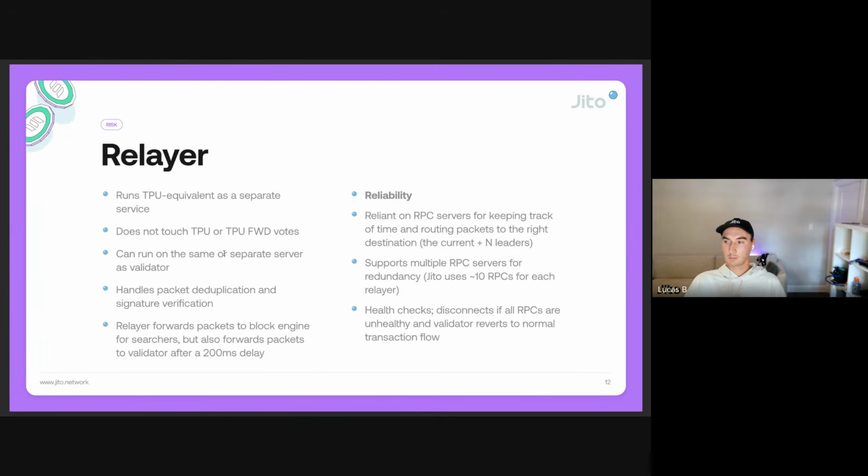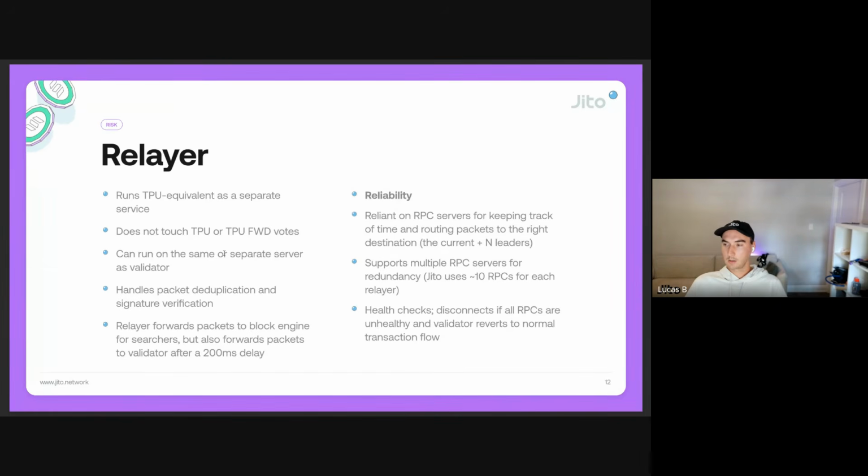It can support multiple RPC servers. Right now in our relayers, we use around 10 RPC servers. So we're load balancing and receiving time updates from all these different RPC servers. If we need to update an RPC server, we don't bring down the relayers.